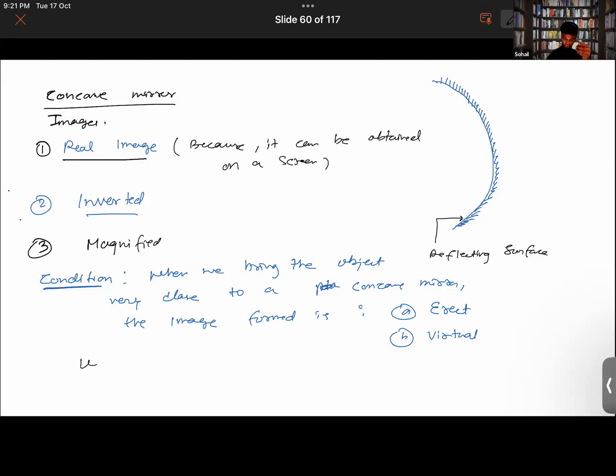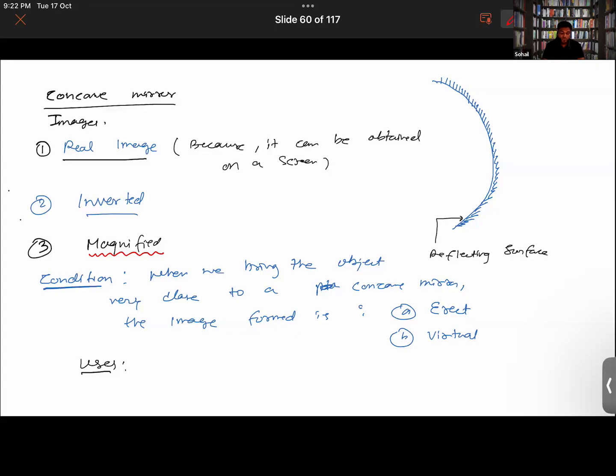And talking about its uses, where do we use it? I will give you a hint. In the dentist's, right? Magnified image. Since it forms a magnified image, what about shaving mirrors?